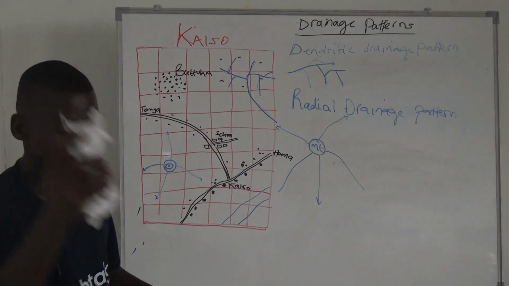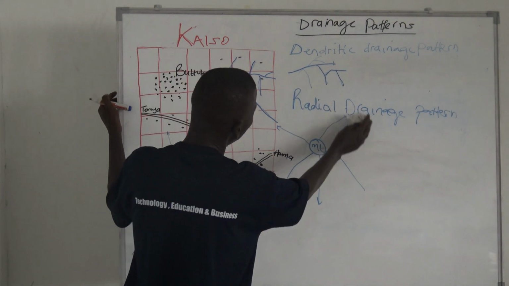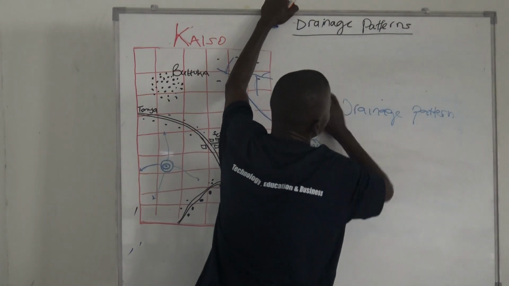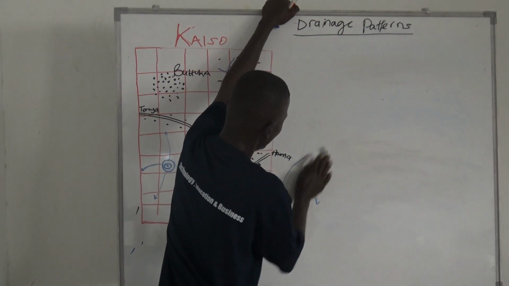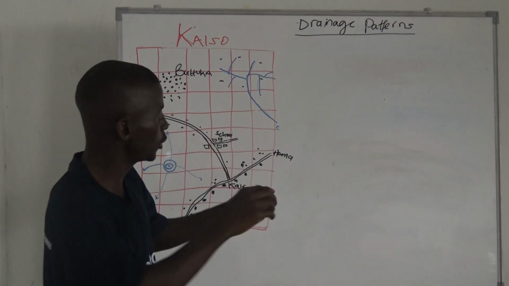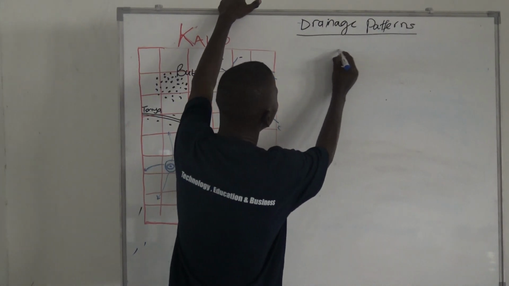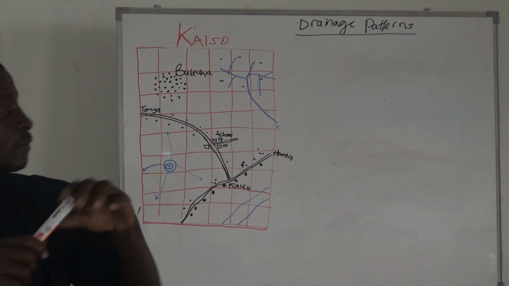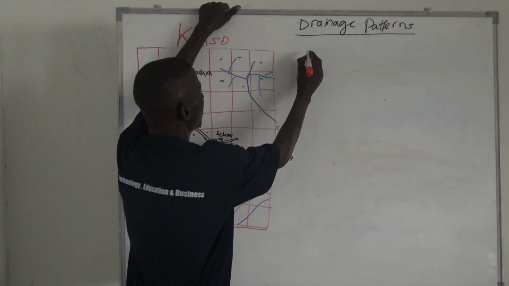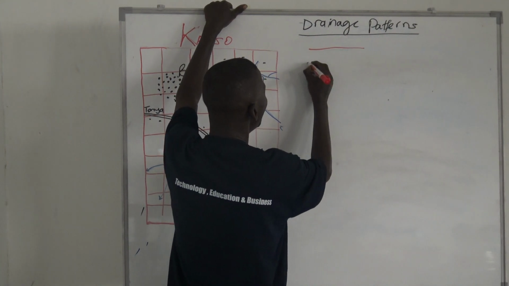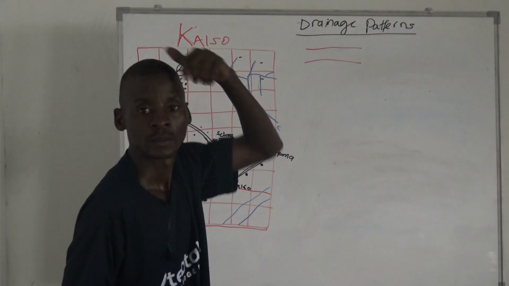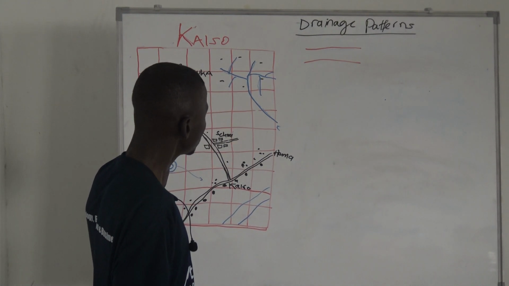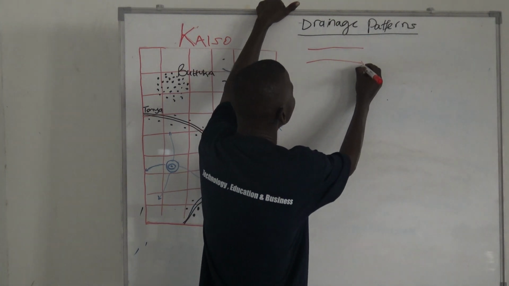Some drainage patterns are known as parallel drainage patterns. What are those parallel drainage patterns? In this case, rivers flow from the opposite direction without meeting.